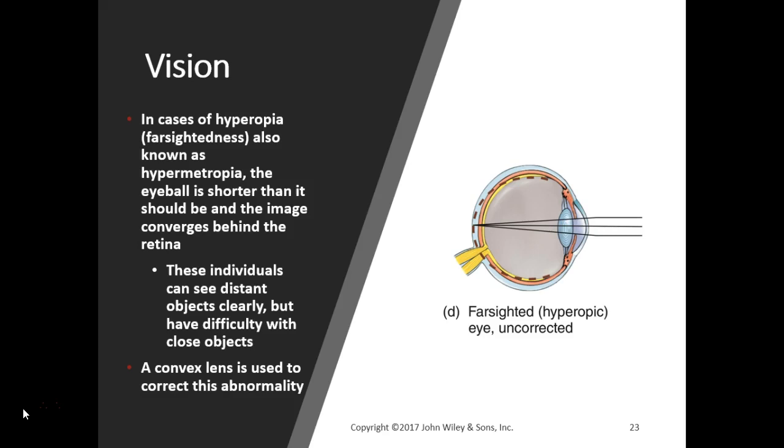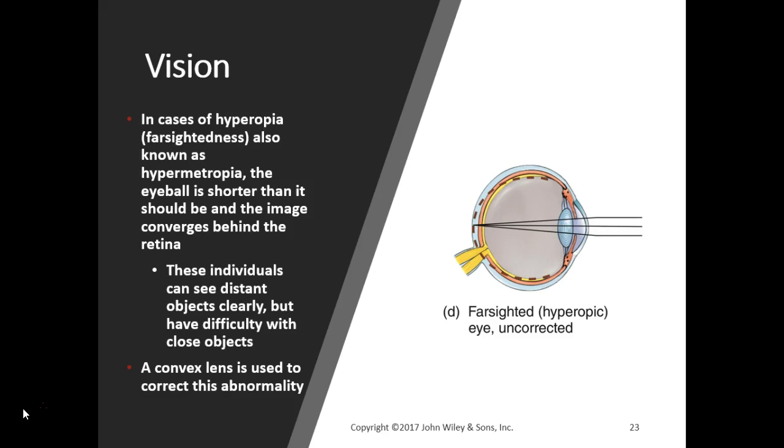Other people may have a condition known as hyperopia or farsightedness. So the eyeball length is short in relation to the focusing power of the cornea or the lens is thinner than normal, so the image converges behind the retina.